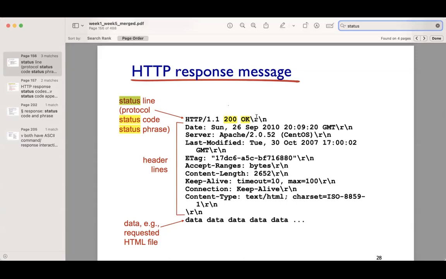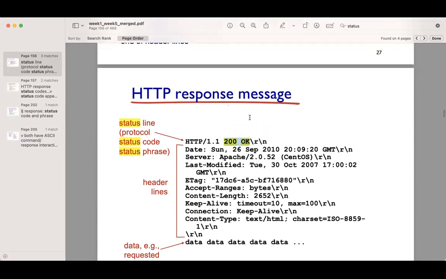As you can see here, we have a status code in the response, and we will usually have this kind of question in your midterm exam about the status code, because for HTTP we don't have much to be tested. So the status code will be very likely to be tested.